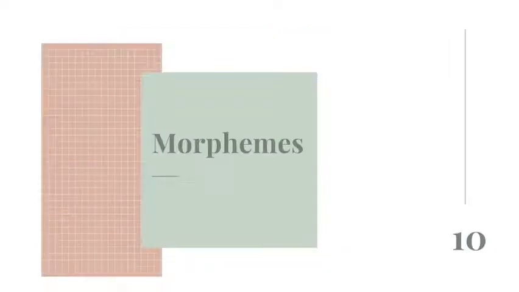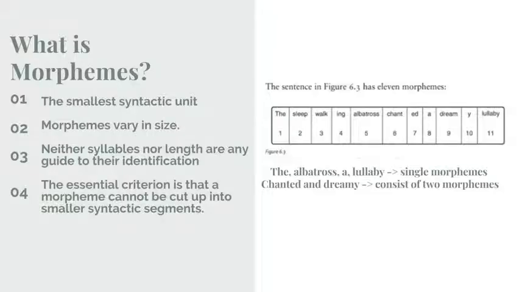The next topic is morphemes. What is a morpheme? A morpheme is the smallest syntactic unit. To make it simple, a morpheme is the smallest part of a word that has grammatical function or meaning.